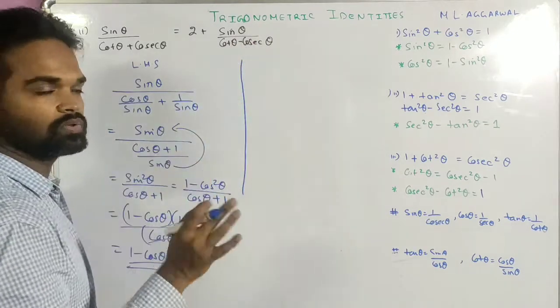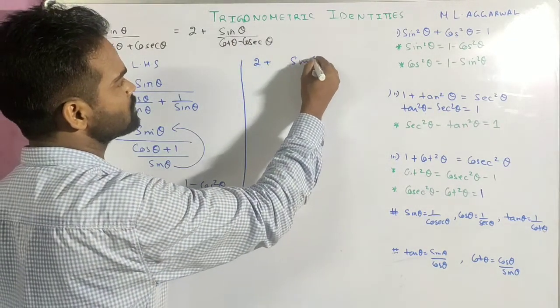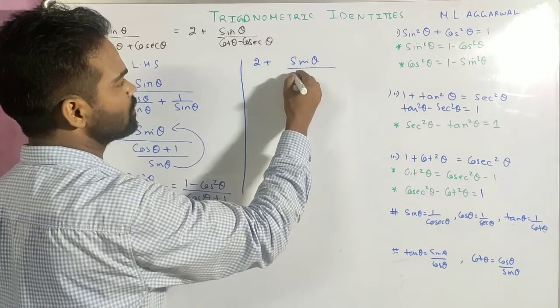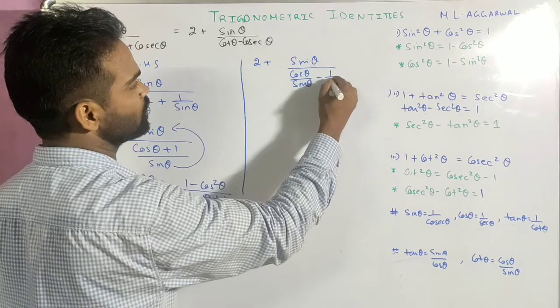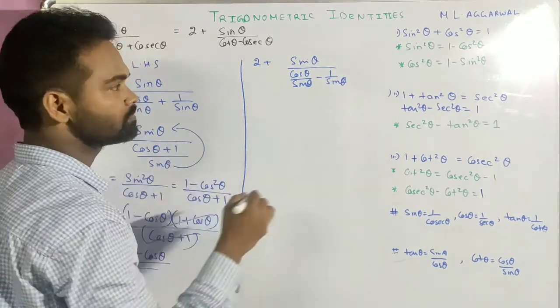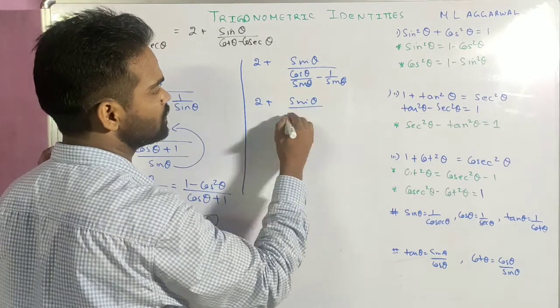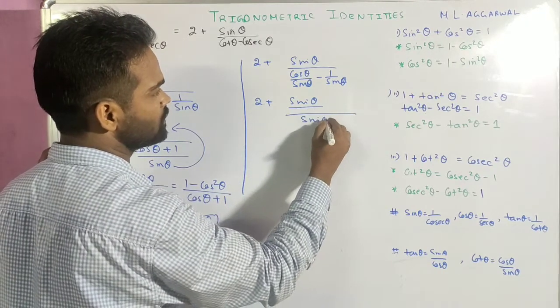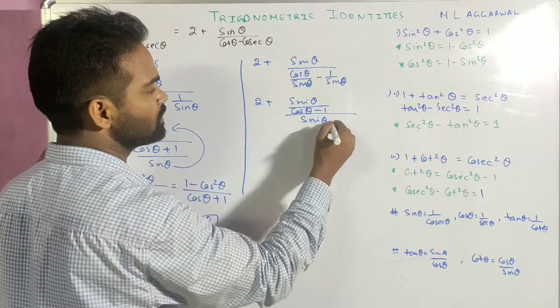Now we'll simplify this also. Just look over here. 2 plus, this is sin theta. Cot theta is cos theta by sin theta minus 1 by sin theta. This is 2 plus sin theta by sin theta taken LCM. So this is cos theta minus 1, isn't it?